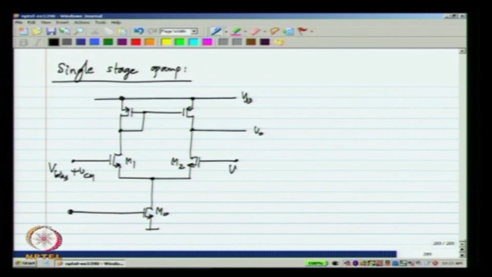Let us say again we apply only a common mode small signal input, that is identical inputs to the two sides of the differential pair.